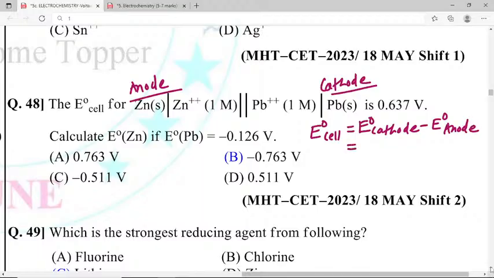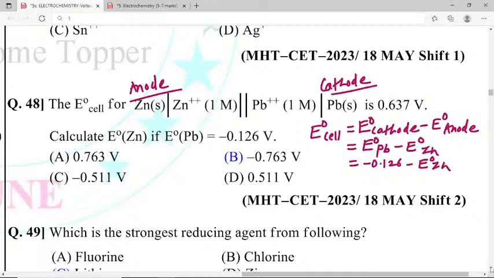What is the cathode? Lead. So E naught Pb minus E naught anode. What is the anode? Zinc. The lead value given is minus 0.126 volt, minus the zinc value, which we have to calculate. So E naught zinc we have to calculate.